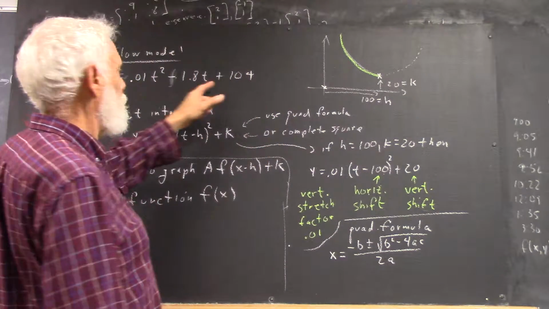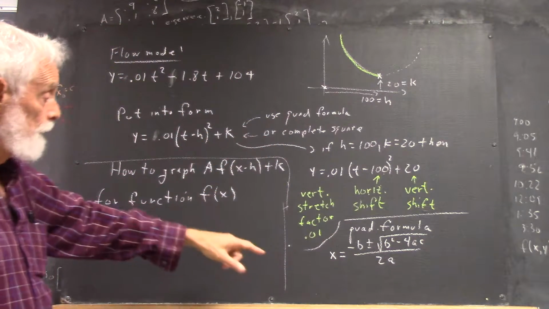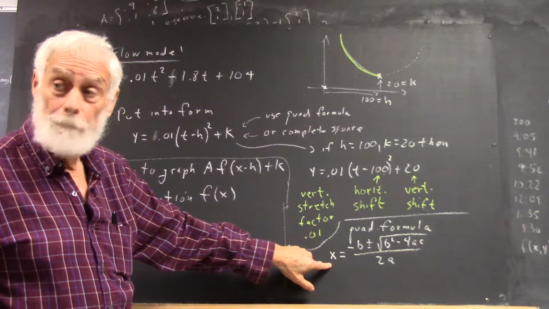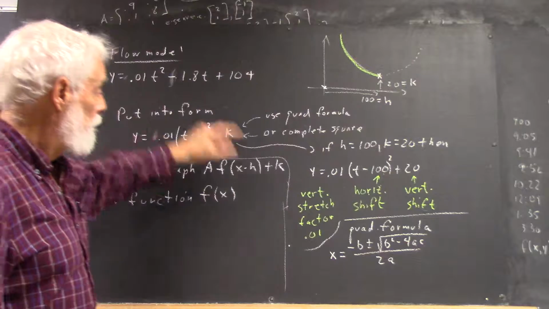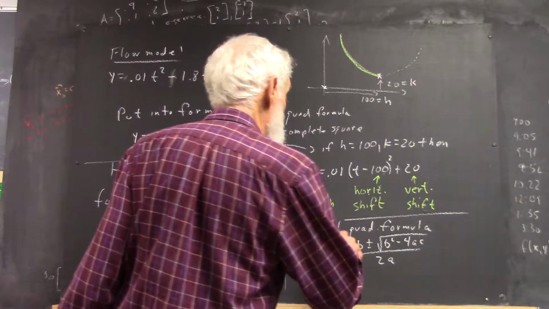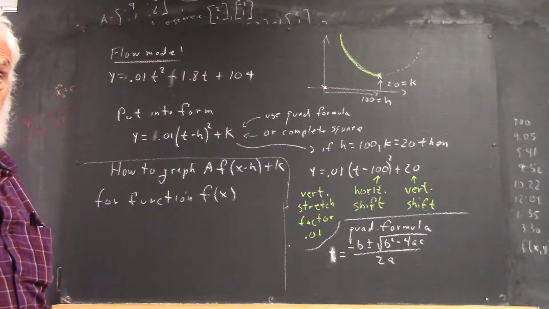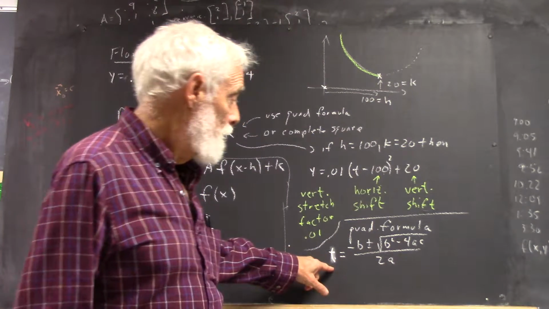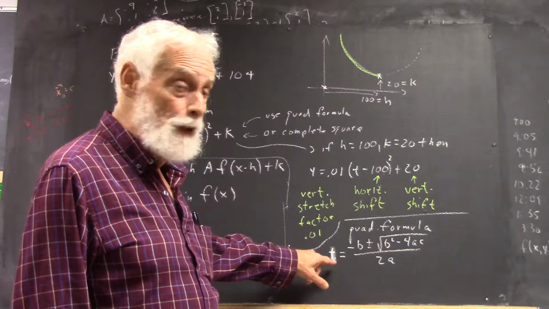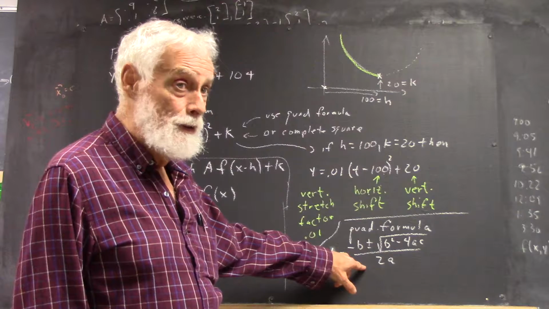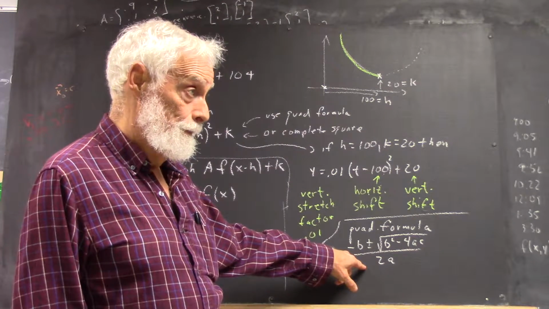Since we're doing a quadratic function in terms of t, and usually it's stated in terms of x, to avoid confusion we'll say t is this. It's 0 if and only if t equals one of these values, okay?